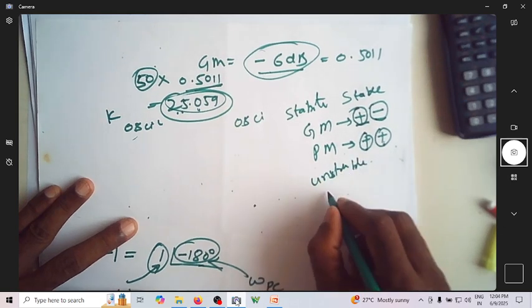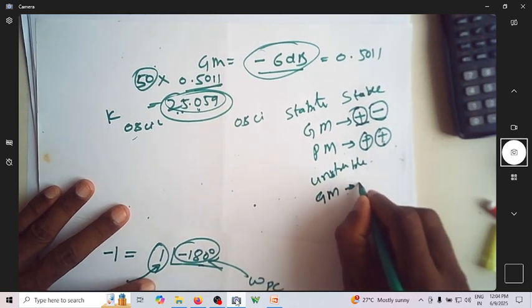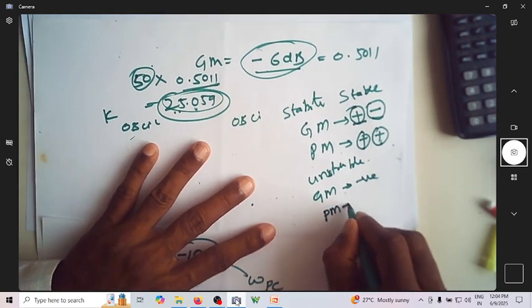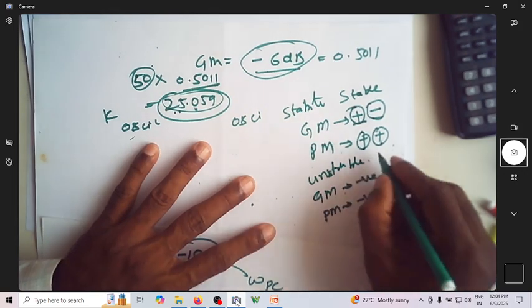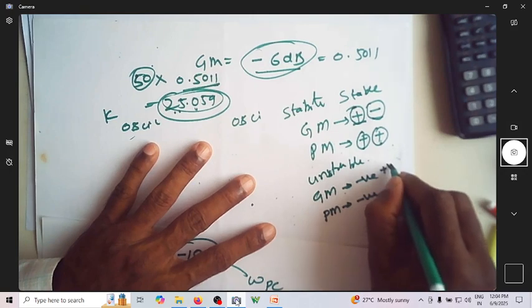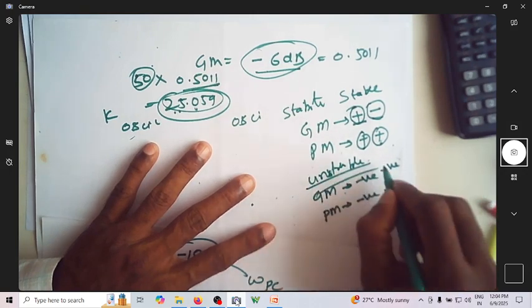The system is unstable when the gain margin is negative and the phase margin is negative. When the phase margin is negative, even with a positive gain margin, the system is still unstable.